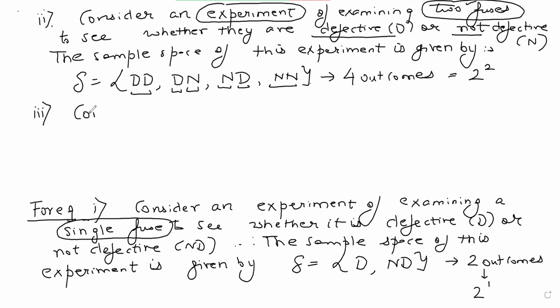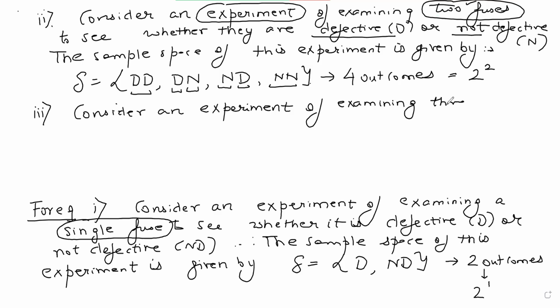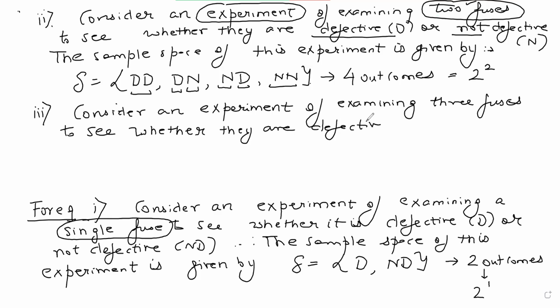So consider an experiment of examining 3 fuses to see whether they are defective or not defective. Again, D denotes defective, N denotes not defective.